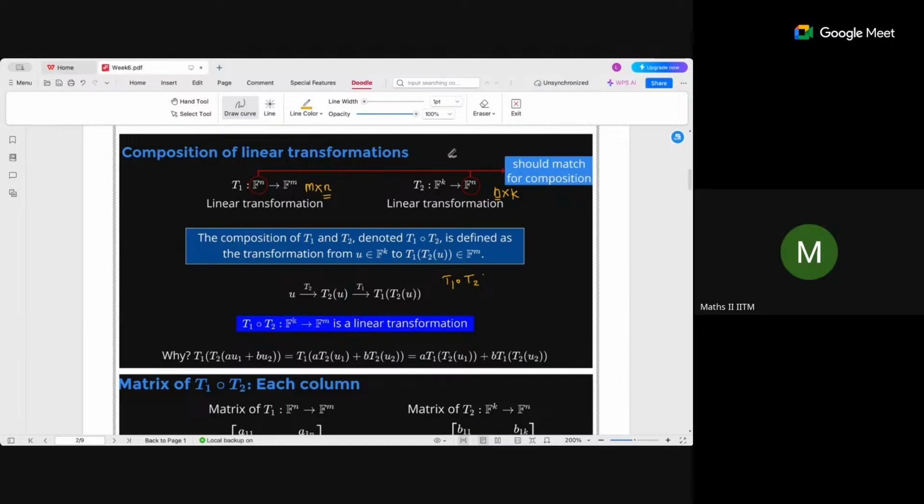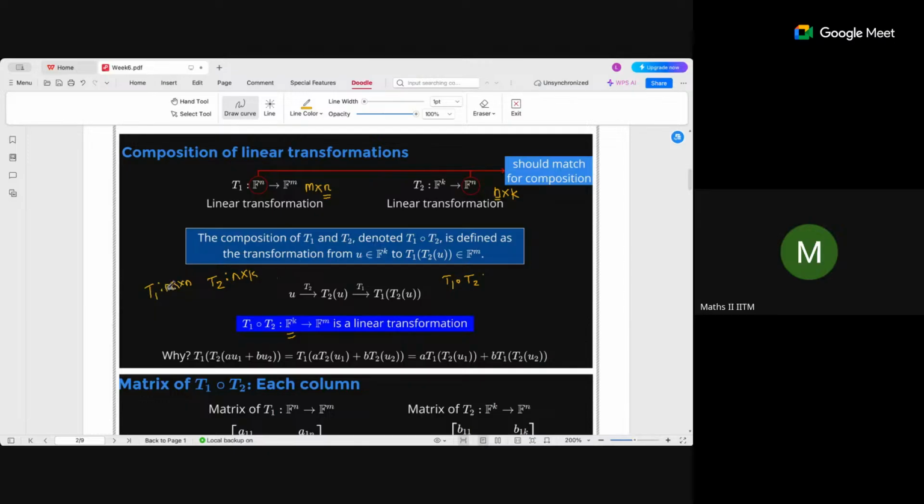The domain of T2. And what is the codomain? Here it first goes through Fn, and Fn is common for both, and from Fn it moves on to Fm. So you see that we start with an m by n matrix and an n by k matrix, and the product, you know what is the size of the resulting product?